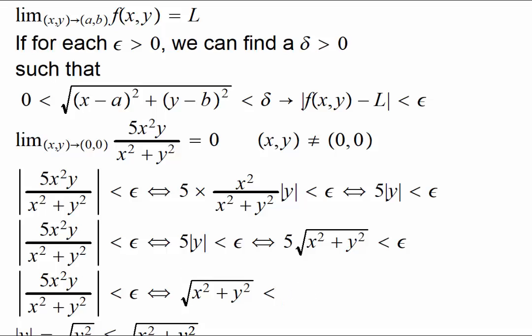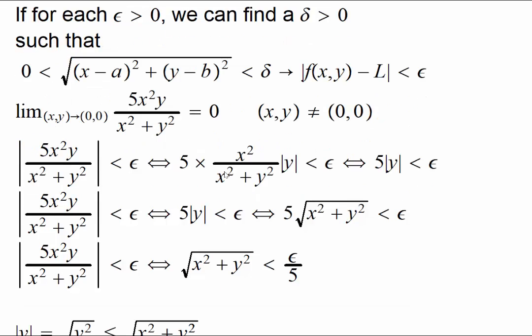So what we find eventually is that, let me scroll up a little, okay, I have this. I can't have (x,y) as (0,0), so we will keep 0 less than that. So this is less than epsilon over 5. What does that imply?